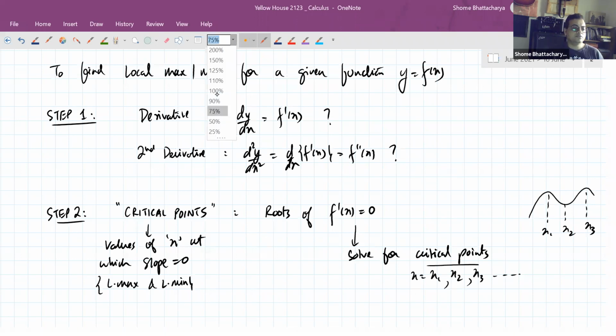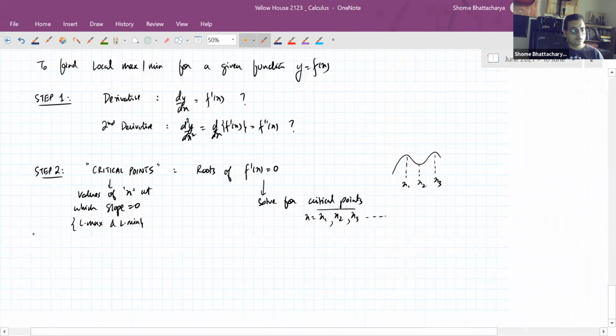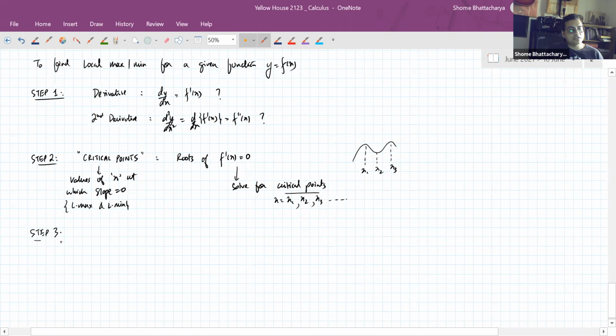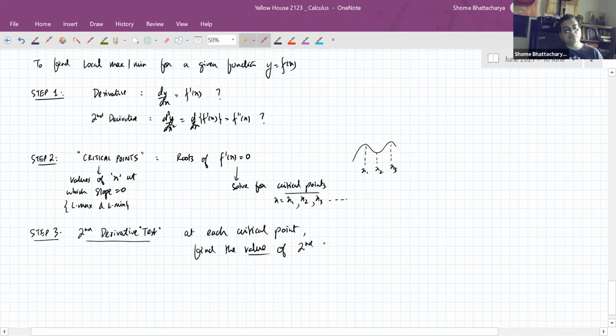And then finally, the third step, we analyze these critical points to understand whether a particular critical point is a point of local maxima or a point of local minima. That we call the second derivative test. So at each critical point, we find the value of the second derivative.